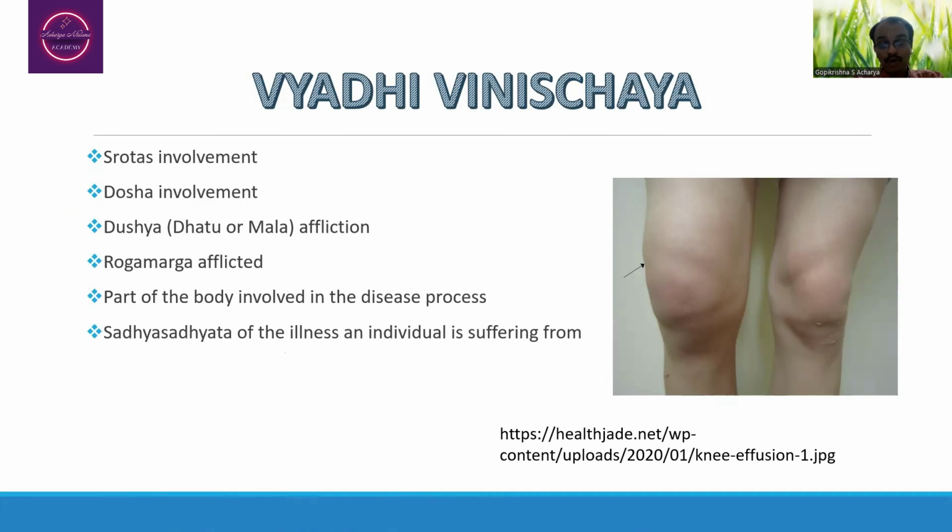Part of the body involved in the disease process: as such, it is the sandhi that can be afflicted, and Janu sandhi affliction can be predicted. As far as the sadhyasadhyata of an illness is concerned, asthi and majja vahasrotas affliction can be predicted.